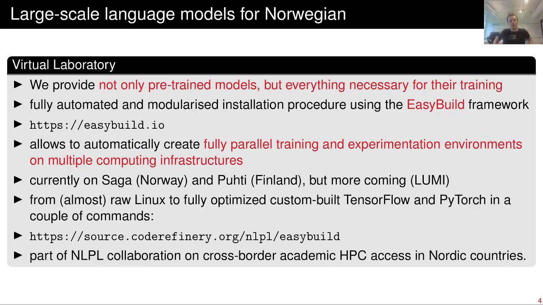Essentially, our virtual laboratory allows one to quickly go from an almost raw Linux operating system to fully optimized custom-built TensorFlow and PyTorch and other NLP-related tools, optimized for a particular hardware platform, in just a couple of commands, and you can try that using our Git repository.